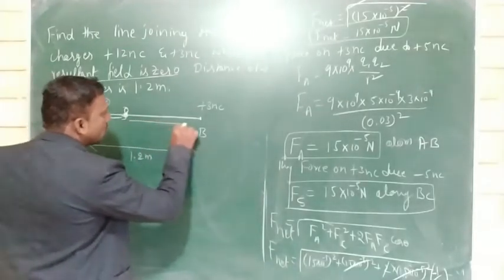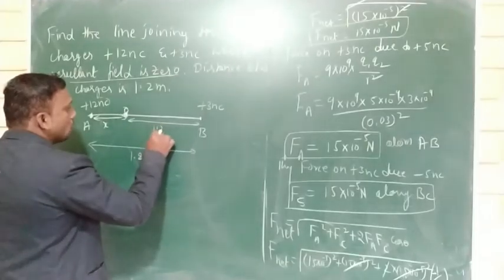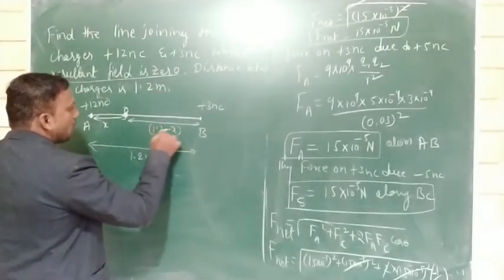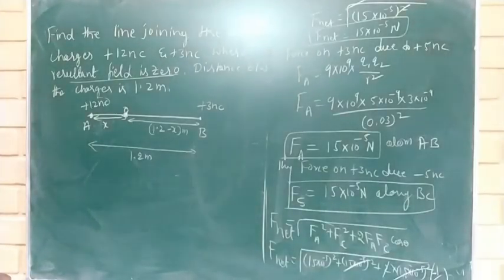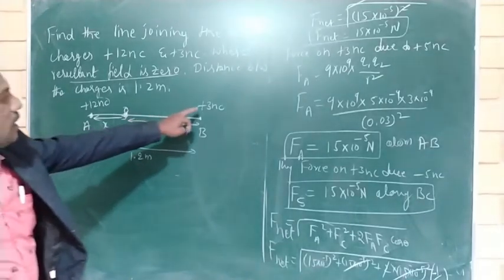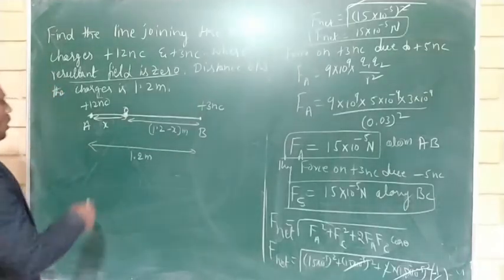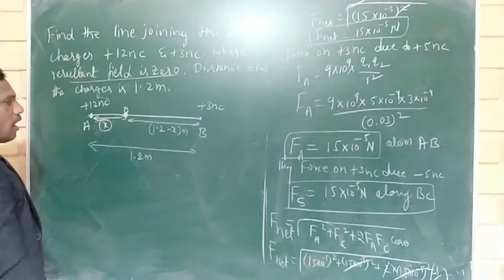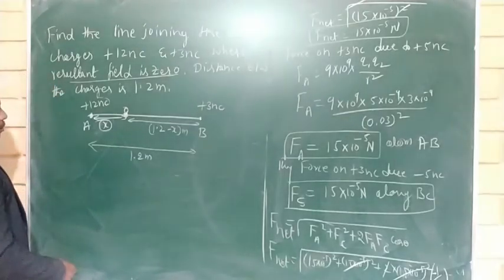Therefore, the distance from O to B is 1.2 minus x meter. At point O, the resultant electric field due to the plus 12 nanocoulomb charge and the plus 3 nanocoulomb charge is 0. We have to calculate the value of x.